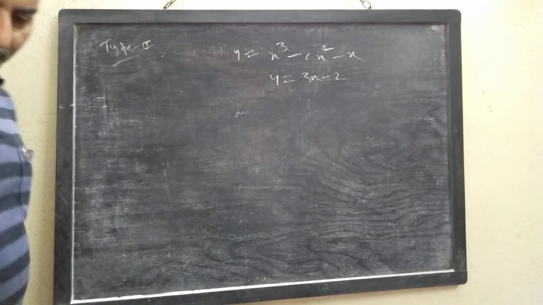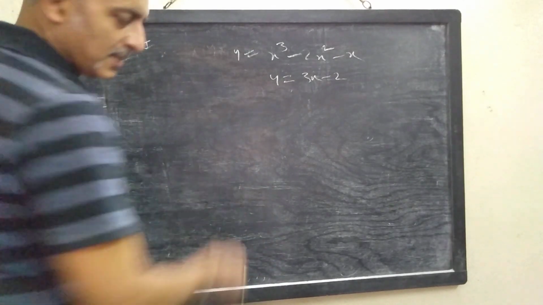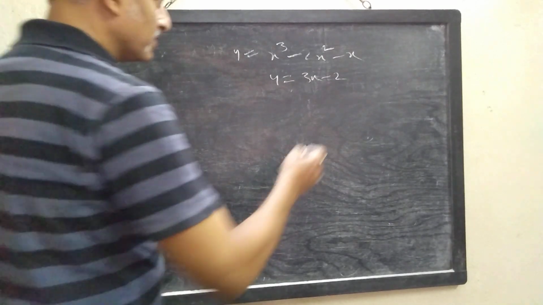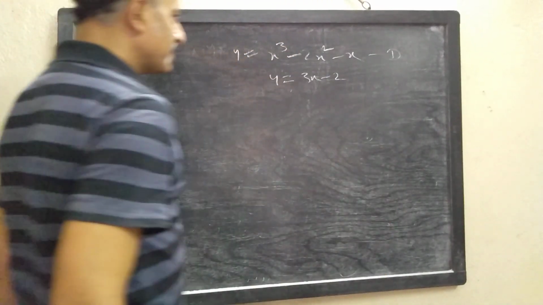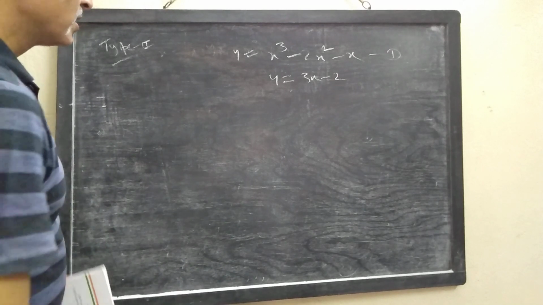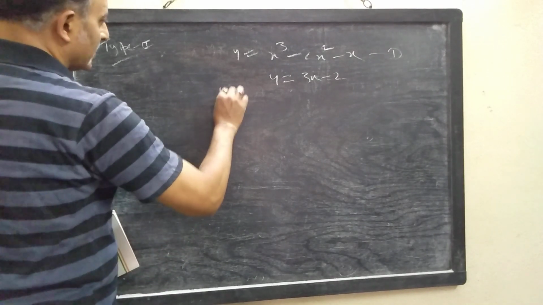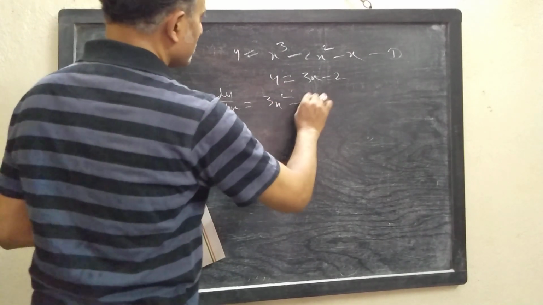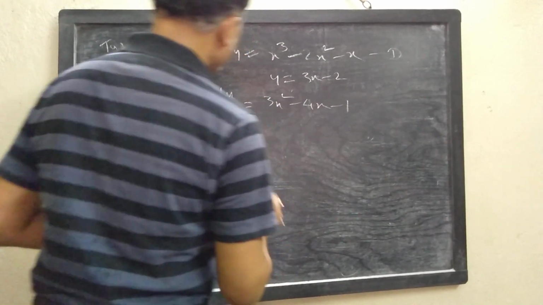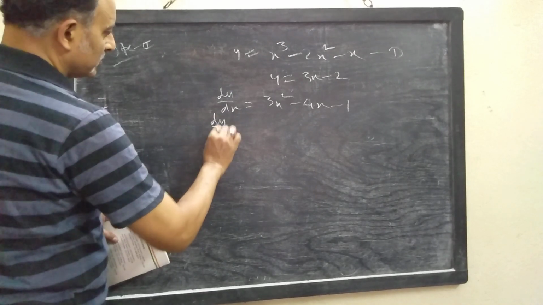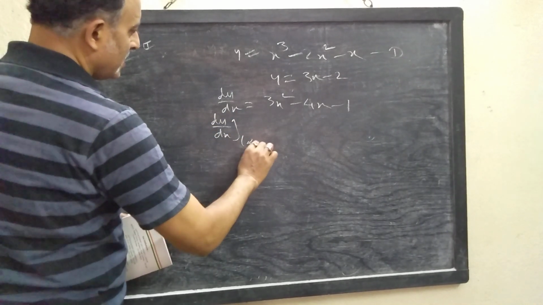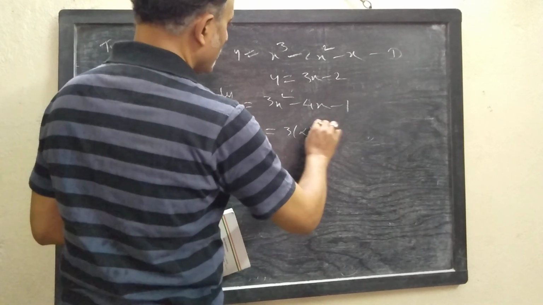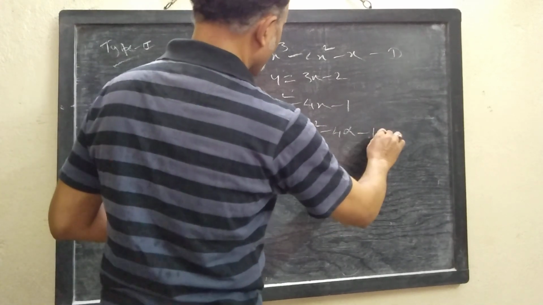So let us first assume that the required point is alpha, beta, lying on the given curve, at which the tangent is parallel to this line. So now first find dy/dx. dy/dx will be 3x square minus 4x minus 1, and now dy/dx at alpha, beta will be 3 into alpha square minus 4 into alpha minus 1.